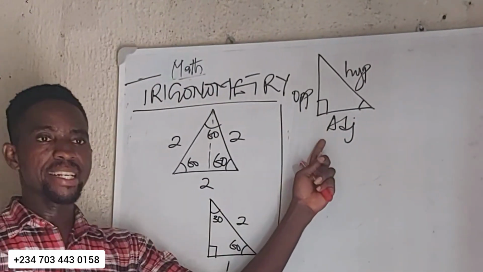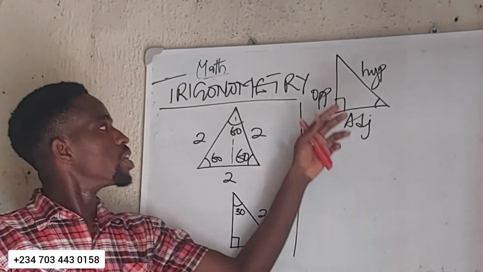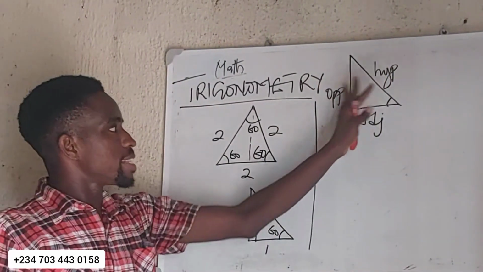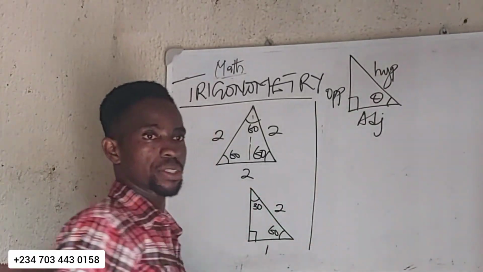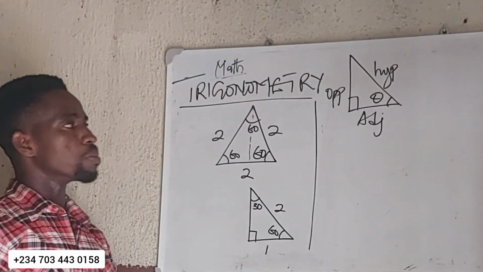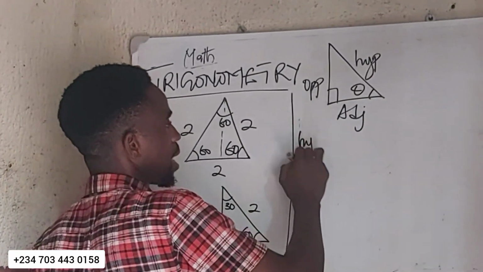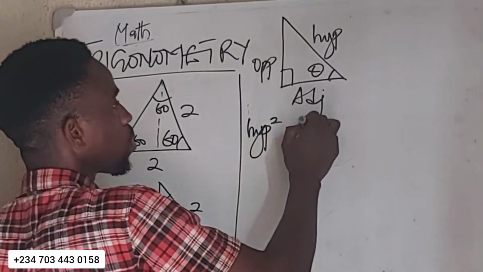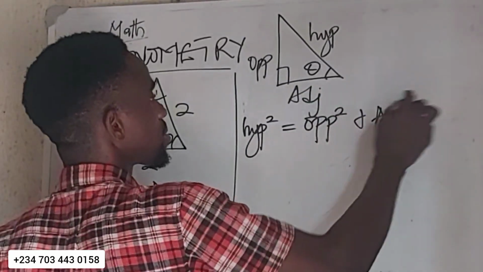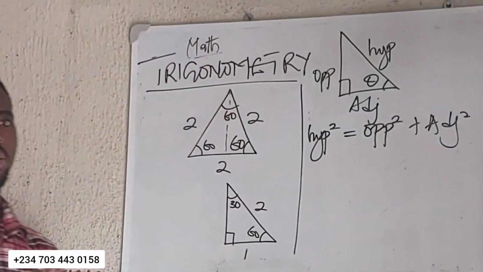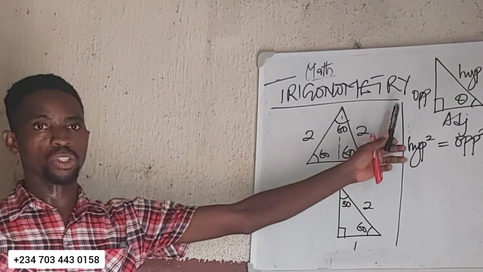So consider this right angle triangle. We know the sides have been identified, and here is angle theta. From Pythagoras theorem, we have that hypotenuse squared is equal to opposite squared plus adjacent squared. That's what Pythagoras theorem told us.